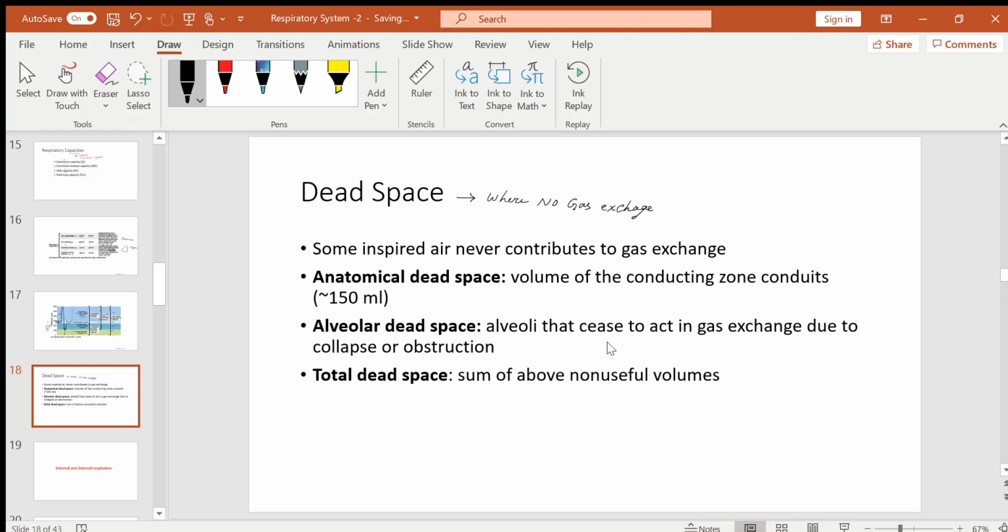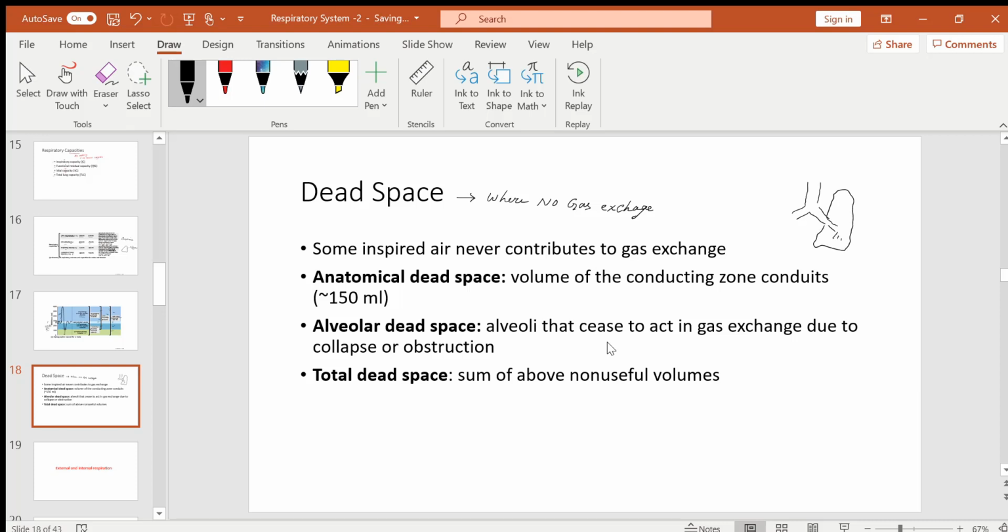Now, if I ask you, how about your nasal cavity? How about pharynx, larynx, trachea, primary bronchi, and inside the lung? You remember the bronchial tree all the way to terminal bronchioles. We talked about that in last class.